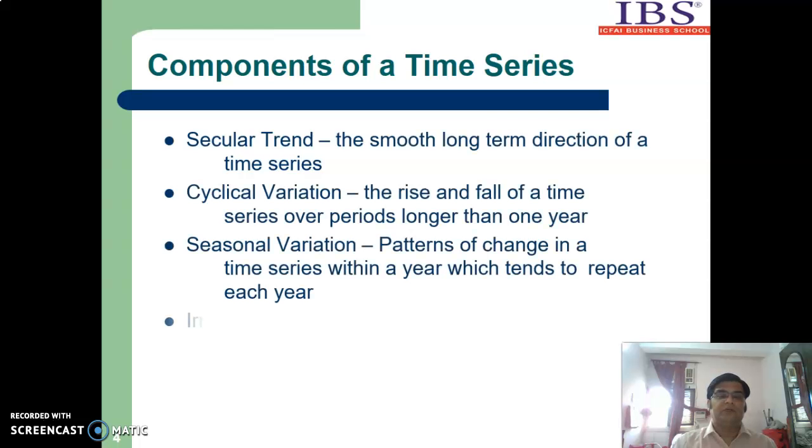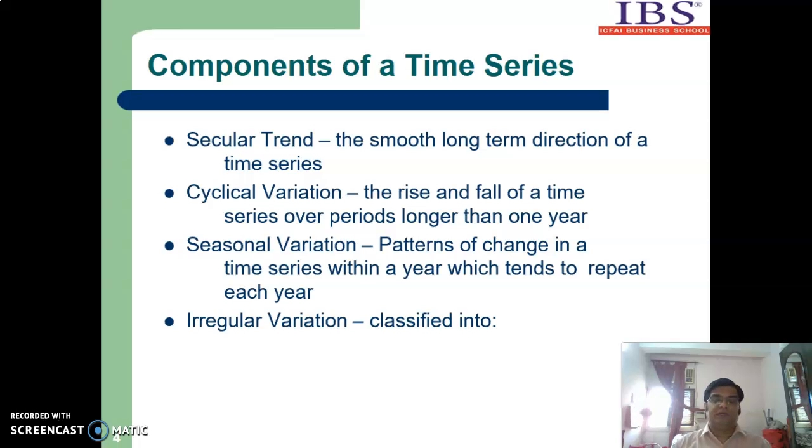So let us go into the details of components. What are the components of a time series? A time series consists of four components, which we in short designate as TCSI. T stands for trend, secular trend. It is the smooth long-term direction of a time series.